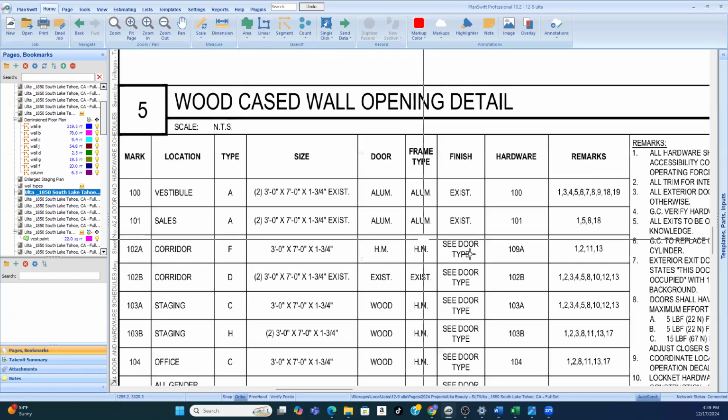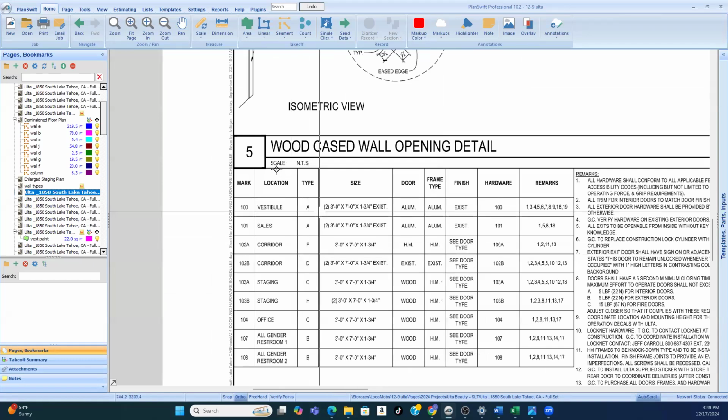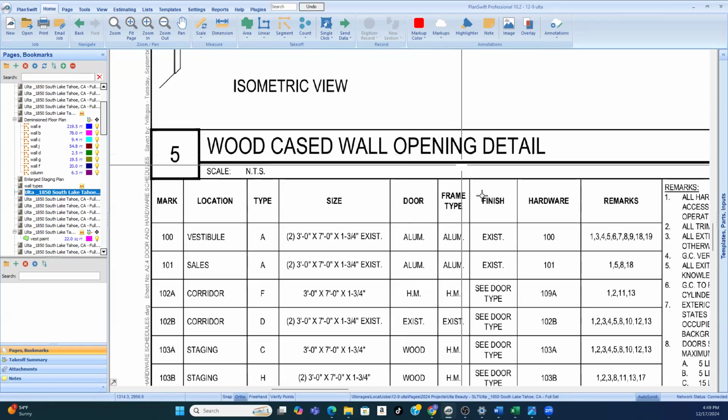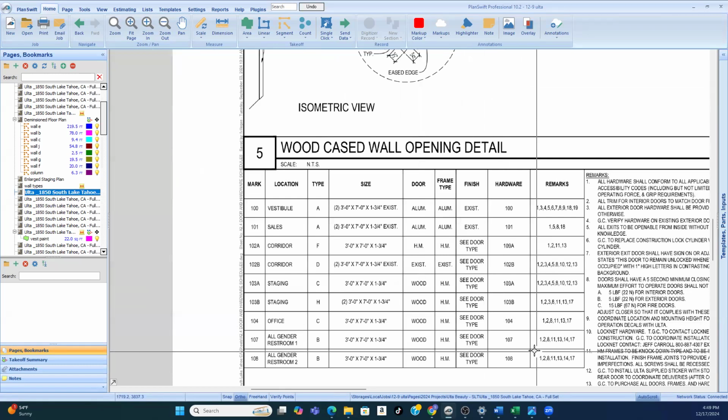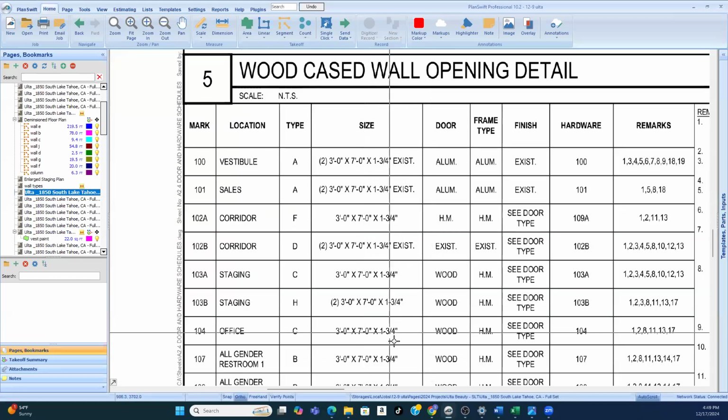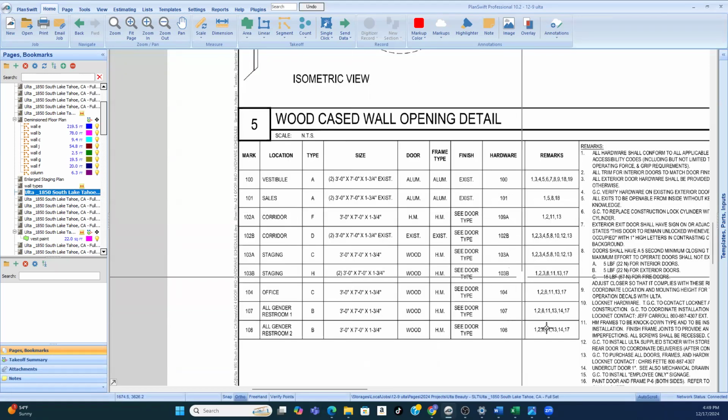But most of the commercial, okay, and make sure you have a good door schedule. See, they're trying to be too fancy in this project. Wood cased wall opening, just say door schedule. It tells you everything about the doors. As you can see, there's a lot that are the same size, but they're still individually numbered. And that's how we find them on the plan.